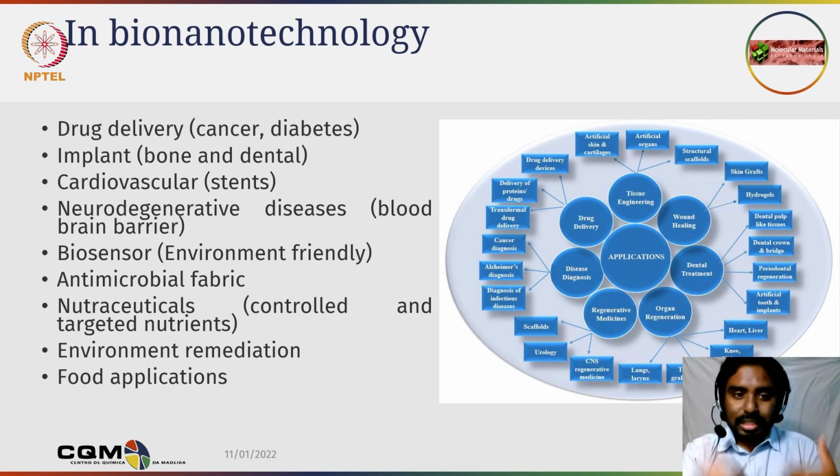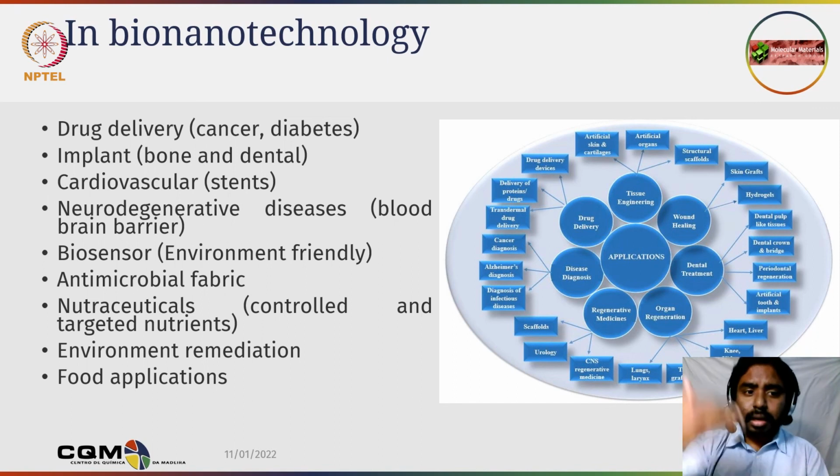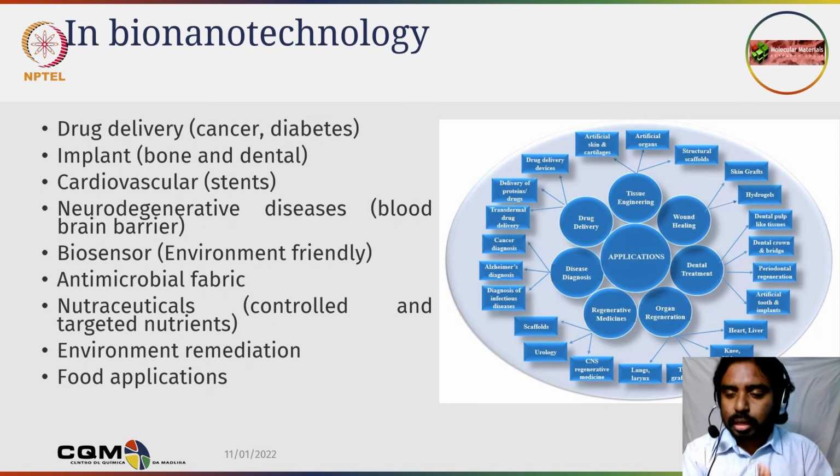These antimicrobial fabrics will be beneficial for people working in hospitals and labs. For nutraceuticals, people are using bionanomaterials for controlled and targeted nutrient delivery for babies and mothers, and for plants and animals.